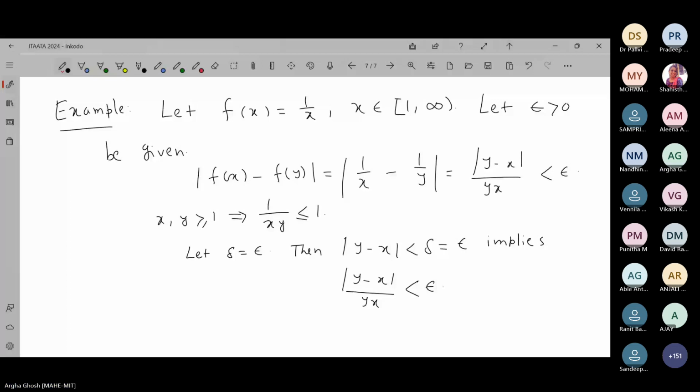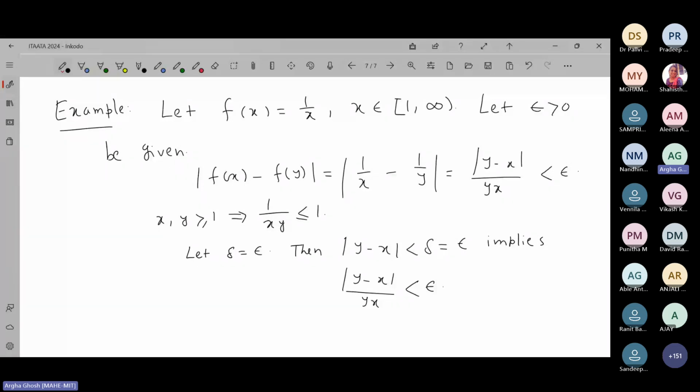Okay. So that's all. That is going to work. Therefore f is a uniformly continuous function. You see that whatever epsilon we have, we'll choose delta equal to epsilon. You can choose a delta which is less than epsilon. That's also going to work.